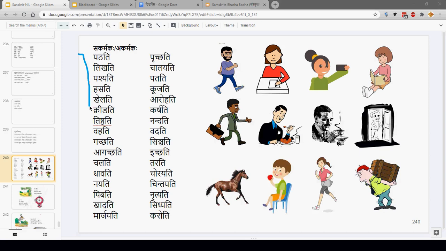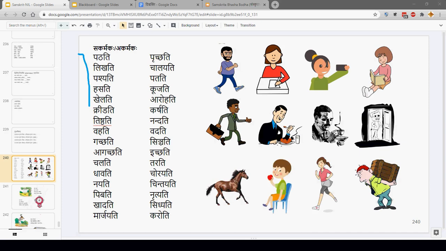Some words can be transitive in English, but not in Sanskrit. So what are you saying? There can be words that are transitive in English, but non-transitive in Sanskrit, or vice versa.